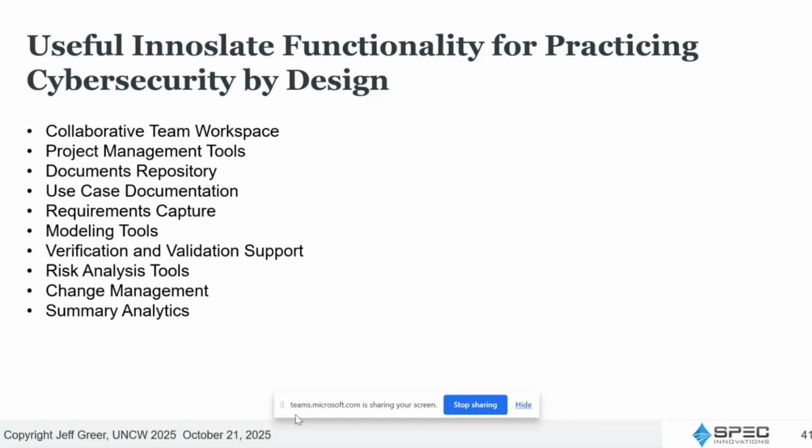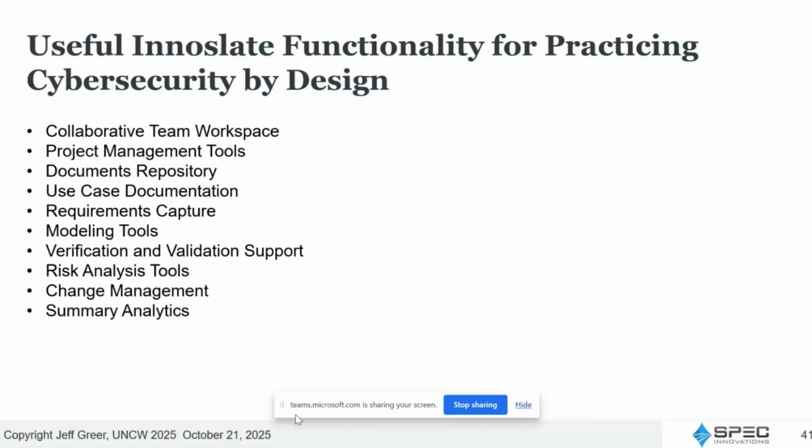Nobody manages cybersecurity individually as an individual contributor. It's a team-based effort. So to the extent you have a collaborative team workspace, everybody can document their work. It's recorded, and anytime you need to go in and look something up, everybody knows where to go find it.